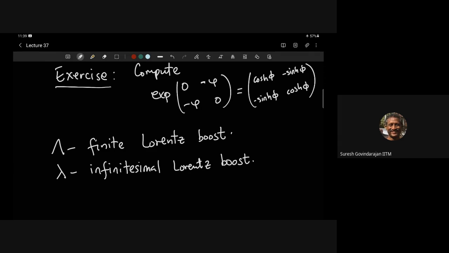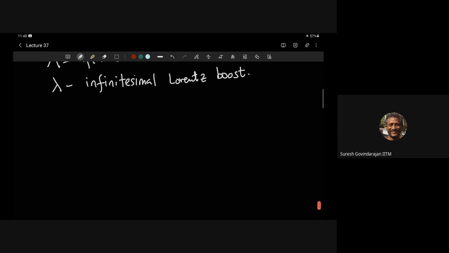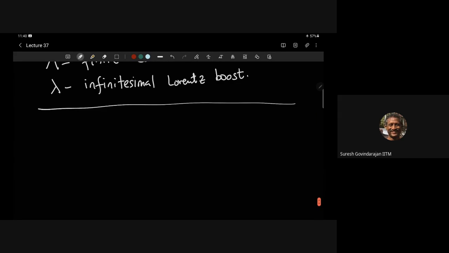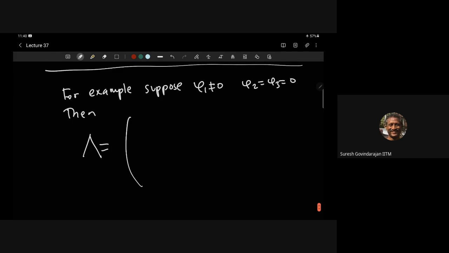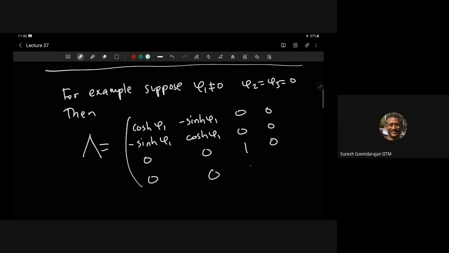Using this computation, for example, suppose phi 1 is non-zero, then lambda will be made up of 2 by 2 blocks, which is exactly like what I wrote here. So you look at this 2 by 2 block.